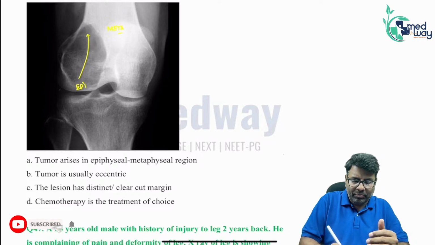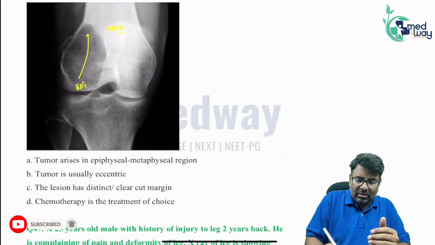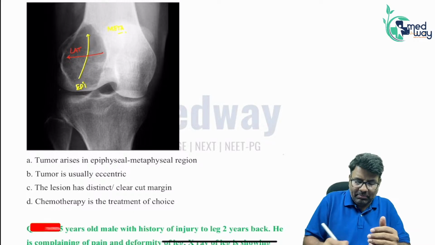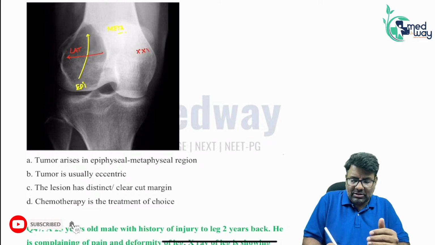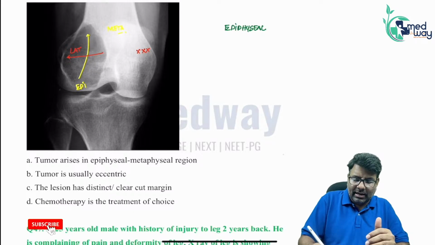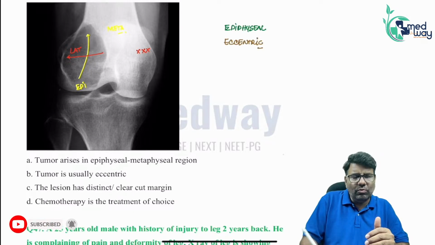And number two, this tumor is more onto one side. You can say it is more onto the lateral side, and medially there is no extension. So it is eccentric. So two E's we can write here. One is epiphyseal. The second E is eccentric, meaning to one side.